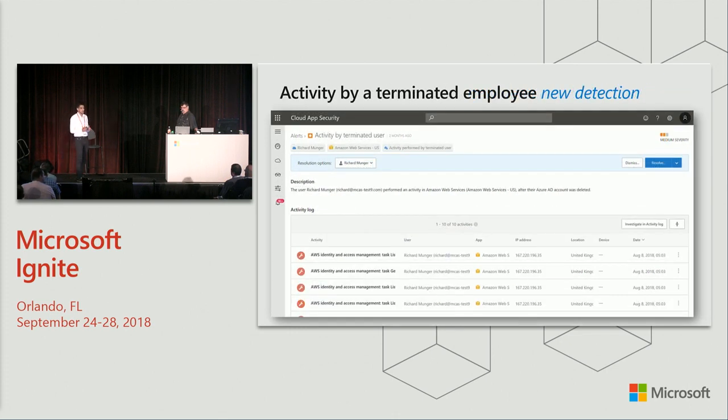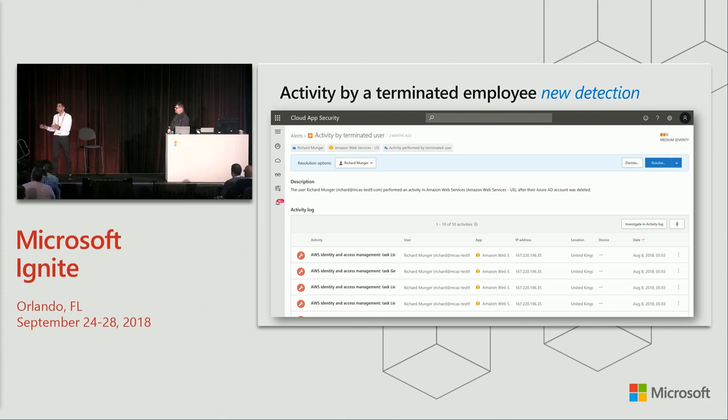And another detection that is kind of unique, and I like to present it because it has two morals. One, what we're doing here, and you can see that this is an activity by a terminated employee. So we all have Azure AD and we provision users, and then an employee leaves the organization and we deprovision it, right? So everything is benign, the user cannot log in.